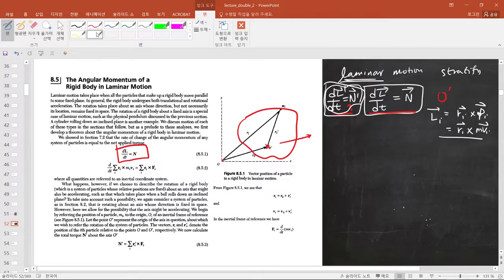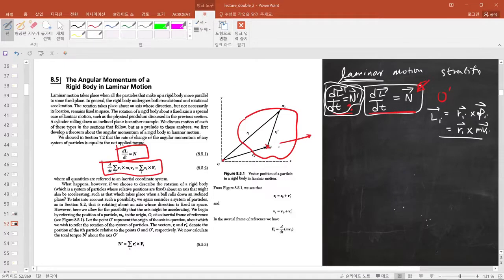Okay, so this is the equation, dL over dt is this one. Okay, so now I consider an arbitrary point. Okay, it doesn't have to be the center of mass. It's just an arbitrary reference frame which is moving, for example, or even accelerating. Okay, then we want to check whether this equation is still true.